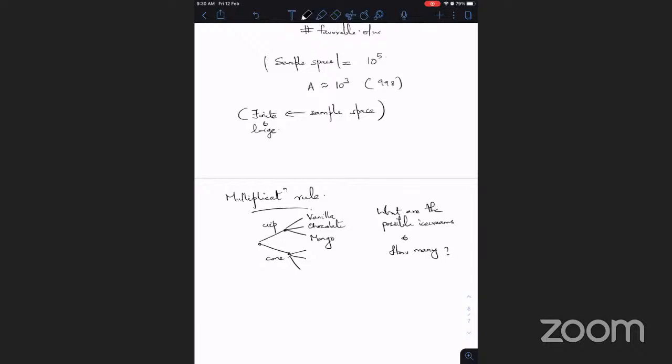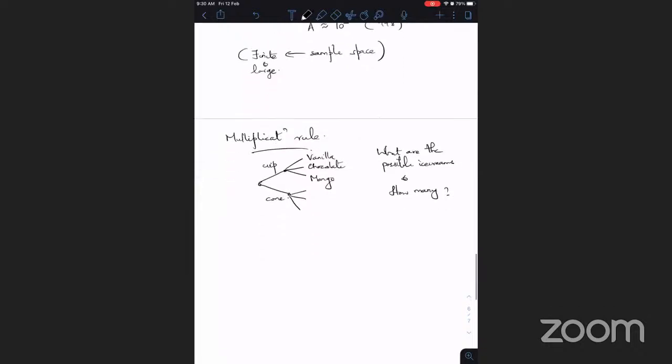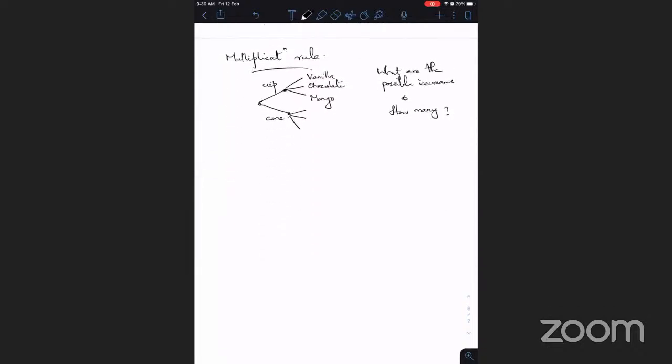And such questions proceed in a sequential fashion. The first experiment we had to do is to pick the cup or cone. And after that, once you reach a specific branch of this tree, so you can look at this as a tree which grows exponentially with each stage.